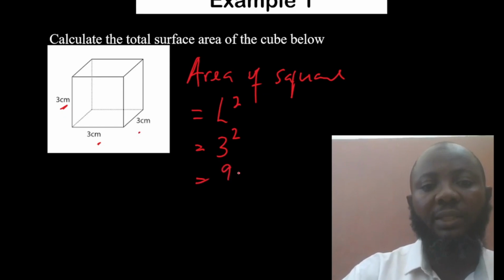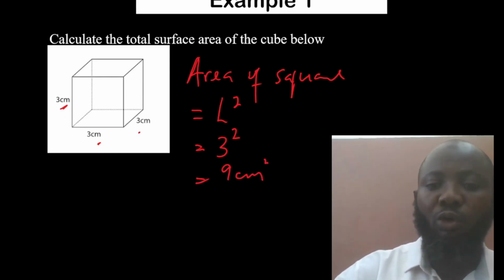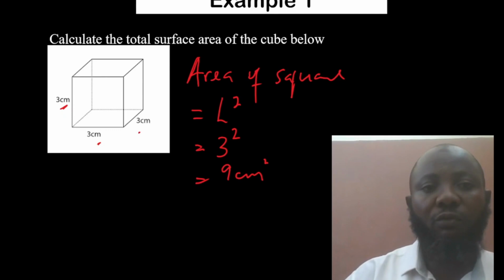That gives us 9 centimeters squared. But that's not what we are looking for. We have to find the total surface area of this cube. So how do we do that?